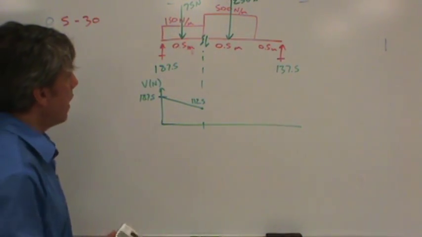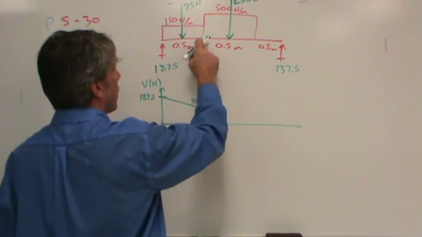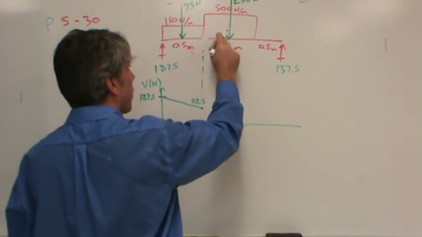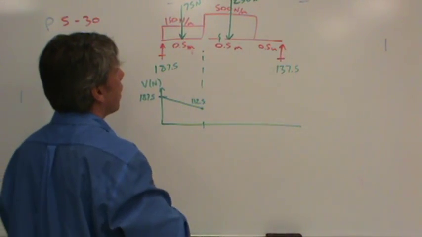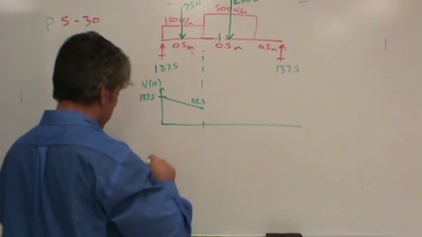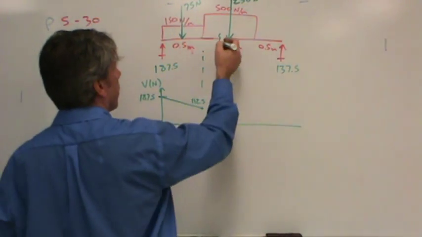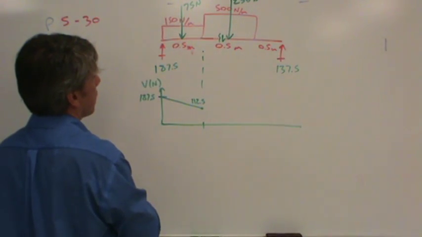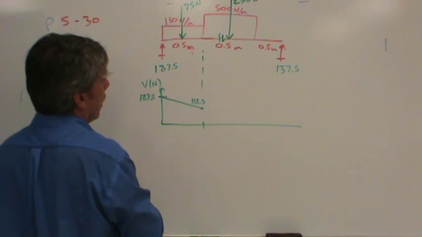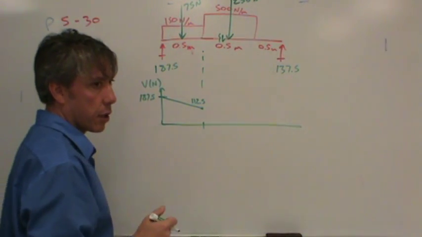Okay? Now, as we move into this distributed load section, in other words, as we add more and more of the beam, or we cut the beam farther to the right, the second distributed load is going to help resist this 187.5 Newton force. In fact, it would cross at some point. Now we should figure out where that crossing occurs.